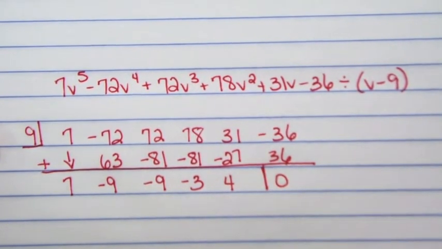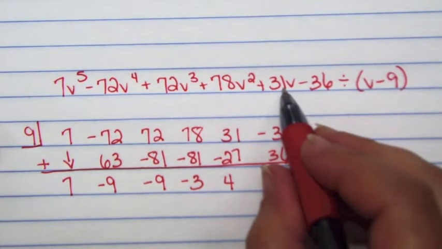That's our remainder. So v minus 9 is a factor of this polynomial.